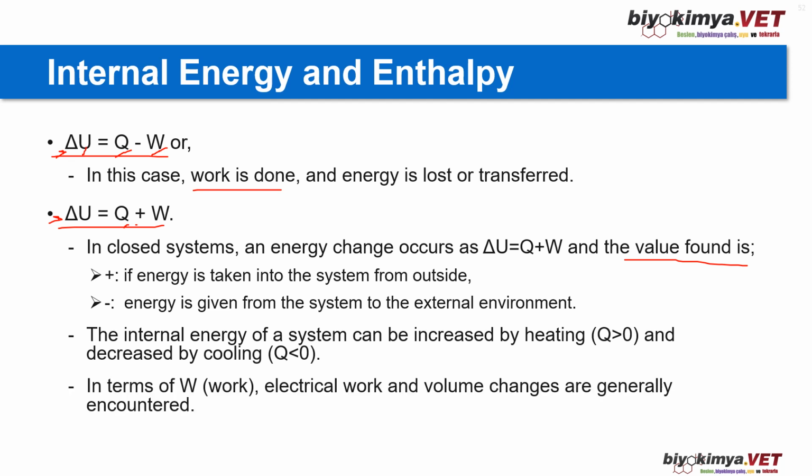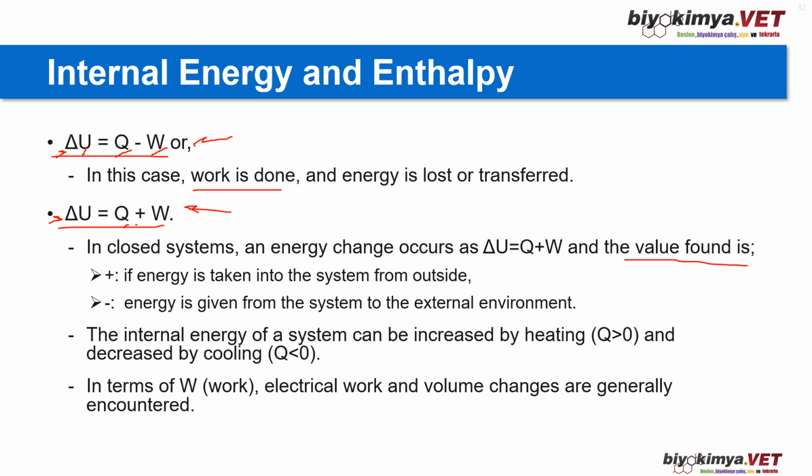And in terms of work, electrical work and volume changes are generally encountered. And in fact, when we consider both formulas, both will lead to the same result. If work is done on the system, it gains energy. When heat is given to the system, it loses energy. You need to get heat to gain energy.